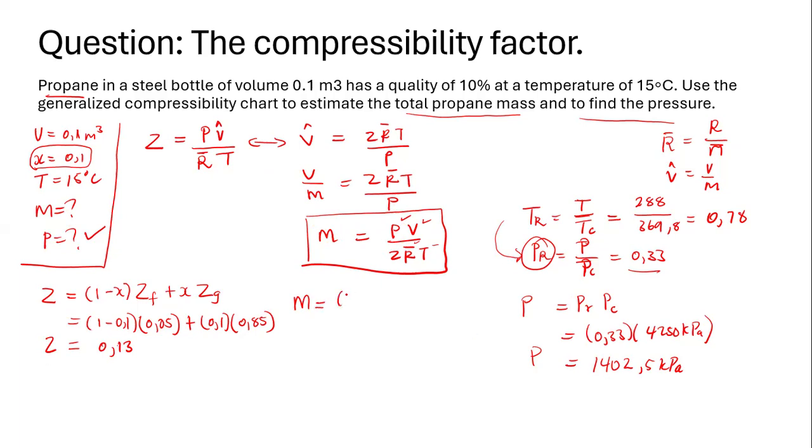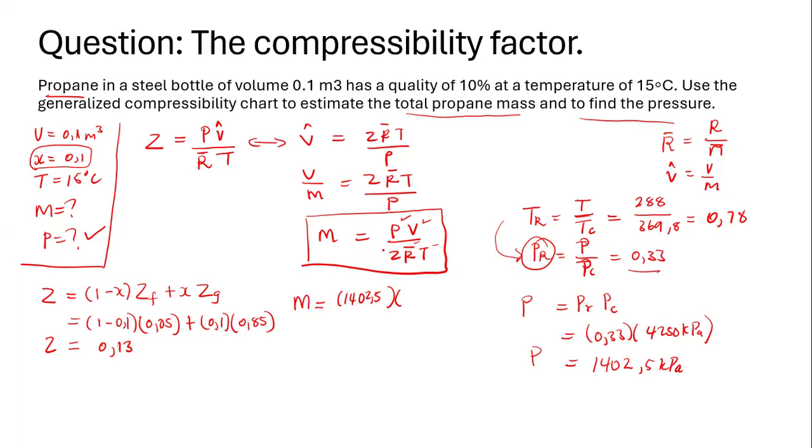We have 1402.5 kilopascals, right? Make sure that you substitute with the units so that you don't make mistakes, right? And therefore, we need the value of, let me see that.